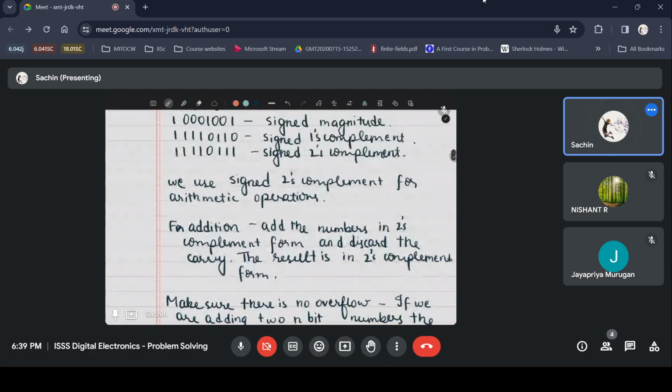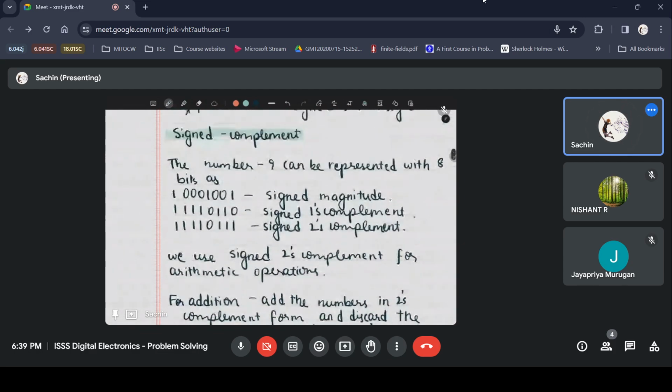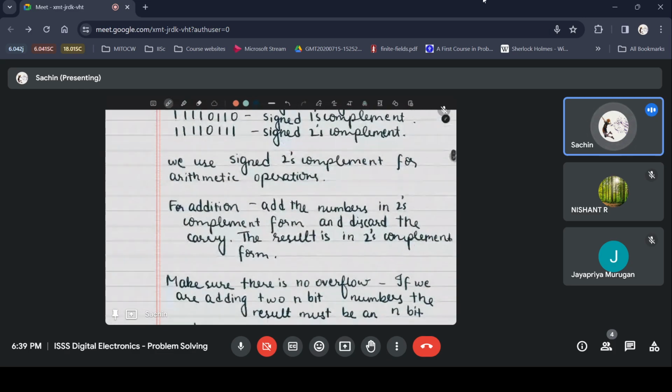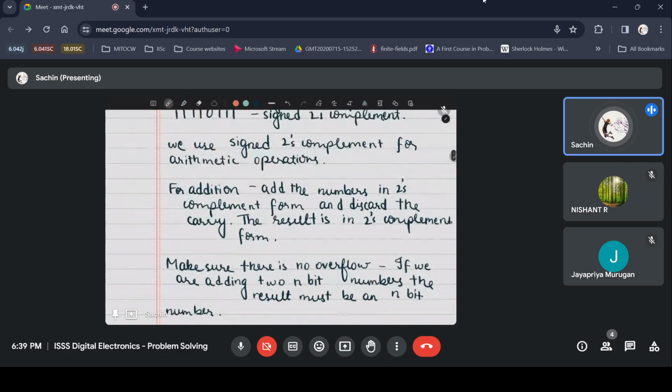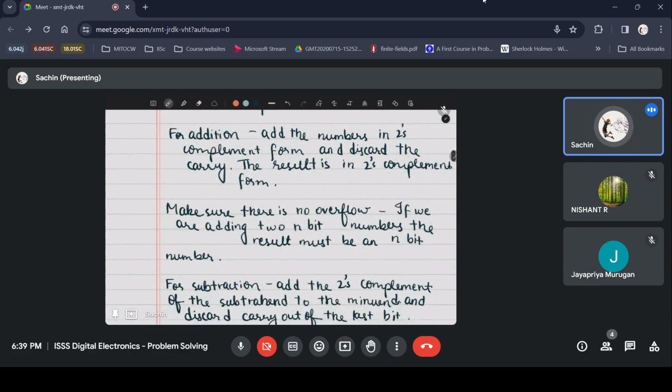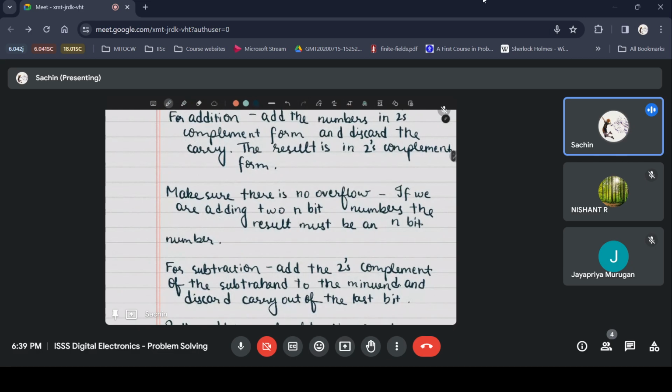When you are adding or subtracting numbers represented using signed complement form, if both the numbers are in two's complement form, we add them. If there is a carry, we just discard it. When we want to subtract one number from the other, we take the two's complement of the subtrahend and again add that to the minuend, and if there's a carry, we discard it.